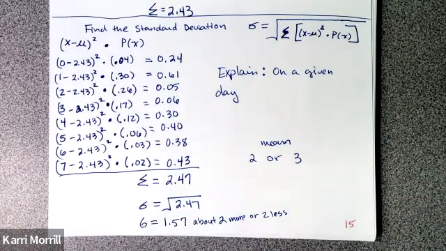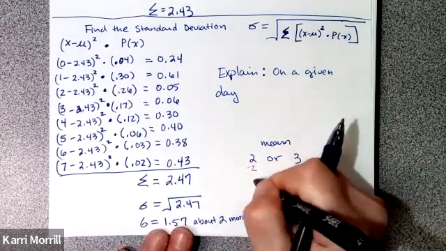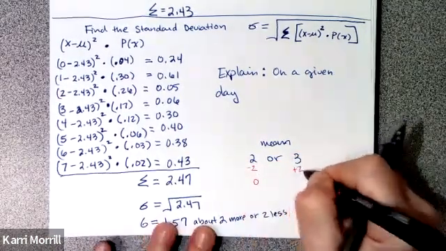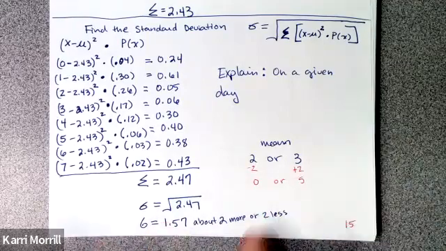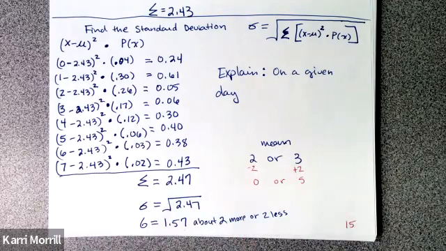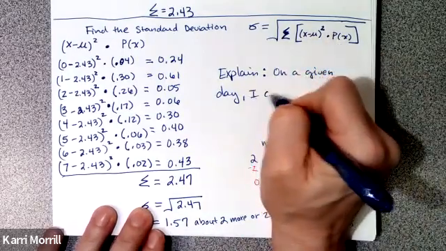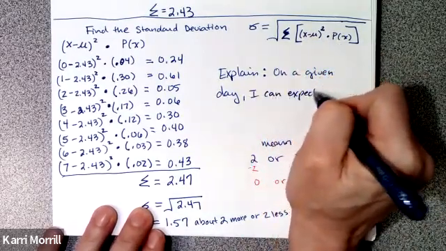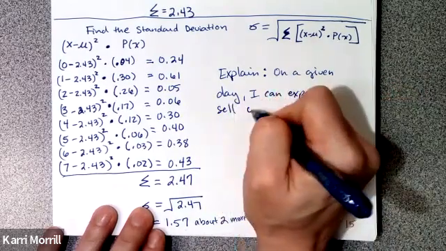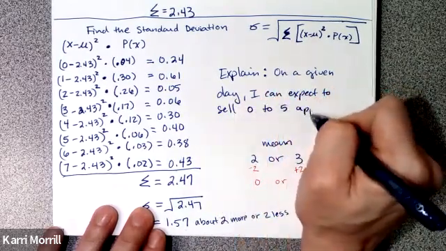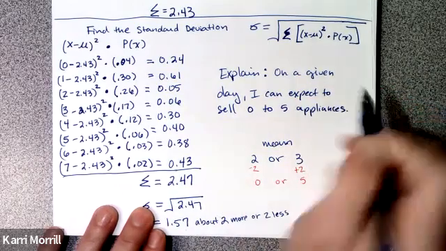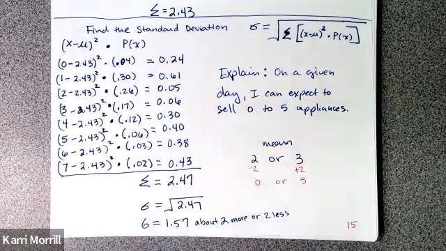So if I subtracted 2 from this, that would be 0. And if I added 2 to that, that would be 5. So what this states is it gives a bigger range of an idea of how many appliances could be sold. So on a given day, I can expect to sell 0 to 5 appliances. So if you're applying the standard deviation in this case, it gives you a broader range of numbers for that.